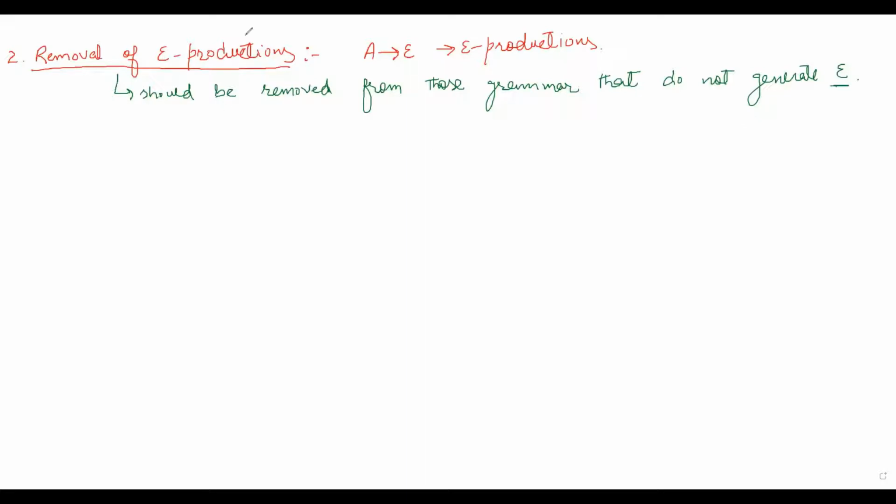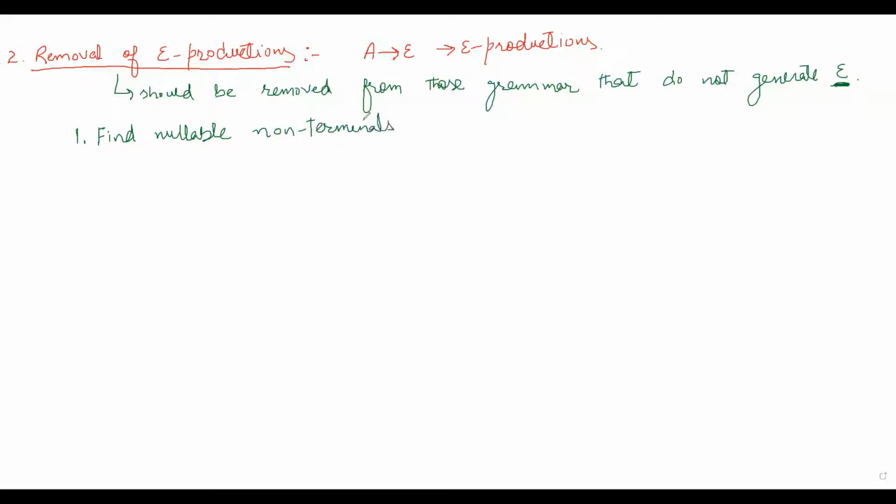Now, after removing epsilon productions, you won't be able to generate epsilon. So how will we then generate epsilon? We have to do something else to generate epsilon as well, and I will discuss that later on. Okay. So the first thing for removing epsilon productions is to find nullable non-terminals.